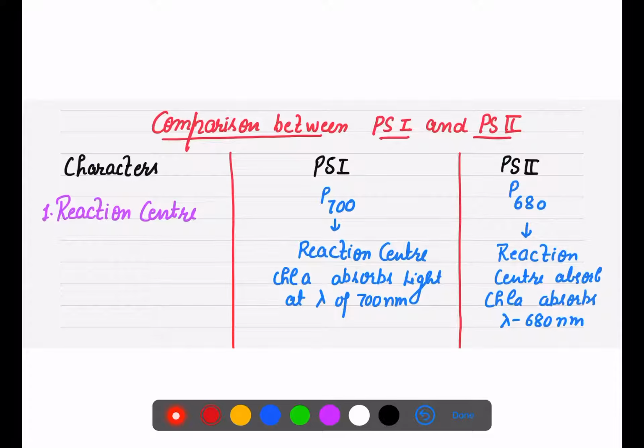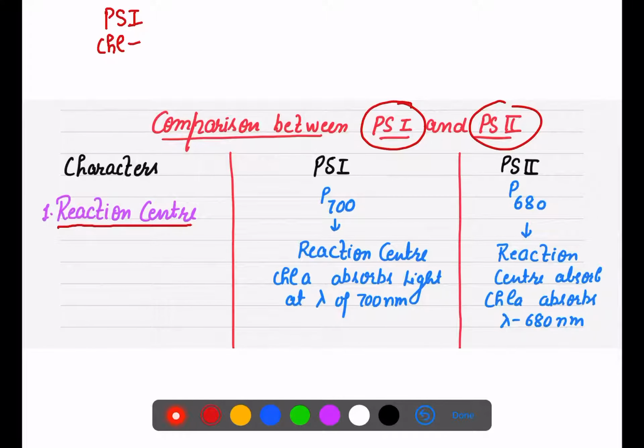Next, let's see now how photosystem 1 is different from photosystem 2. So there are a few points, a few characters. First we will talk about the reaction center. If we talk about photosystem 1, the reaction center chlorophyll A is at 700, and if we talk about photosystem 2, the reaction center absorbs light at 680 nanometer.